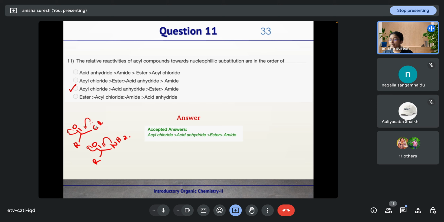So in the amide, the resonance effect will be more pronounced compared to acid chloride. Since resonance is pronounced, the electrophilicity of the carbonyl carbon will be lost. But in acid chloride, electrophilicity will be as such. So acid chloride will be more electrophilic compared to amide. Clear?